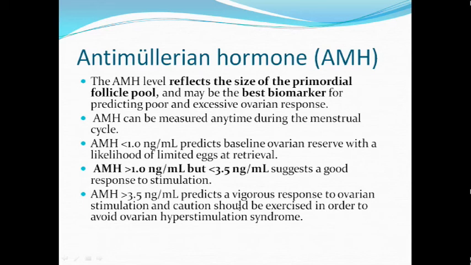If you do ovulation induction in these cases, you will find over-response, and caution should be exercised in order to avoid ovarian hyperstimulation syndrome. This type of picture you can see in PCOS, polycystic ovarian syndrome.